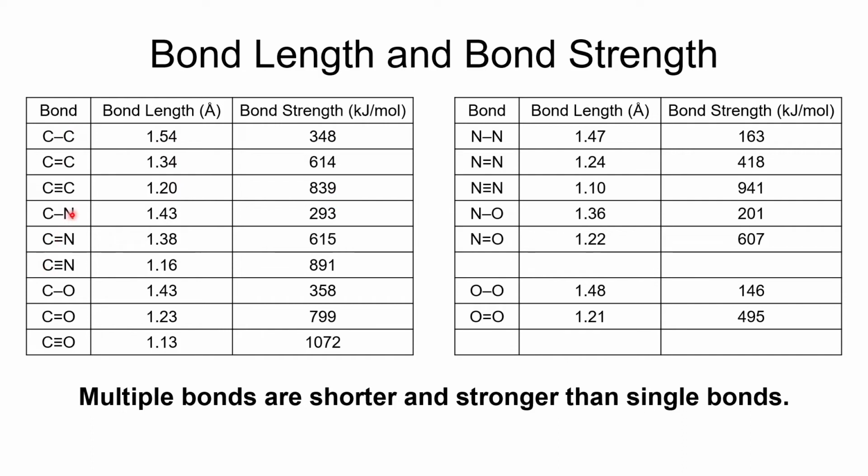You'll see the same trend for carbon-nitrogen, carbon-oxygen, nitrogen, nitrogen-oxygen, and oxygen: shorter and stronger. So multiple bonds are shorter and stronger than single bonds. I want you to know that.